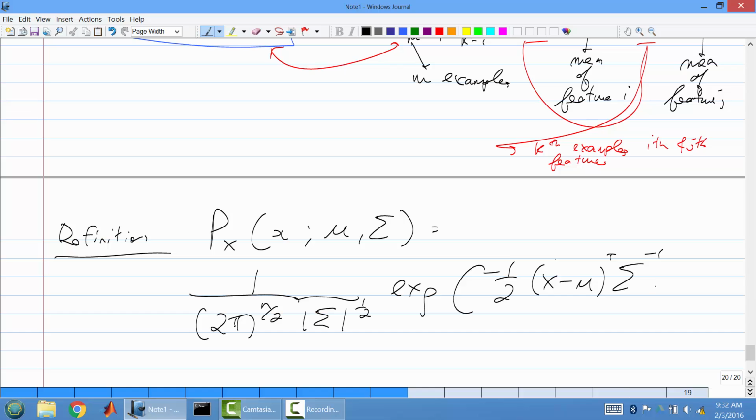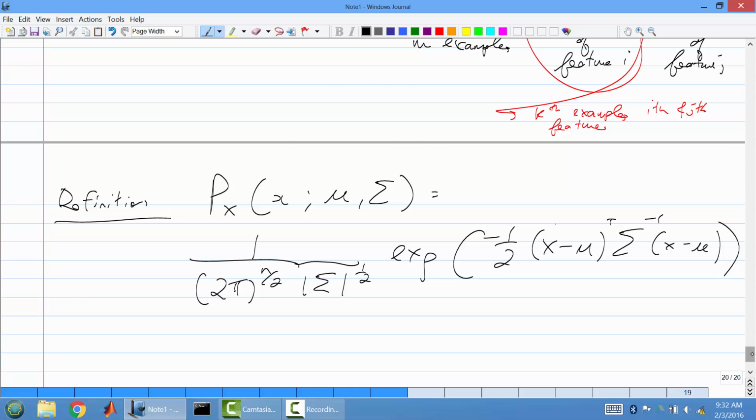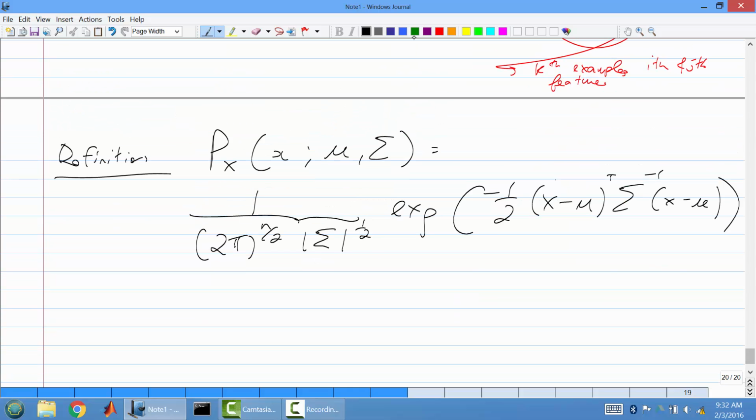This is transpose. Not the most pretty equation, but it gets the job done, I suppose. So that's what this is.